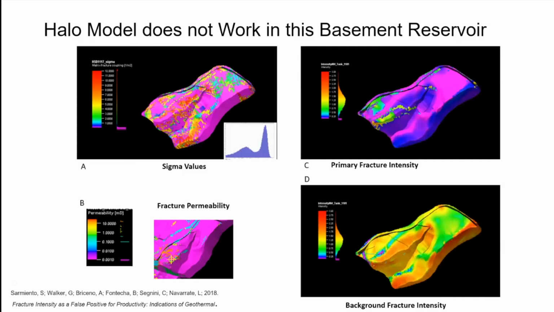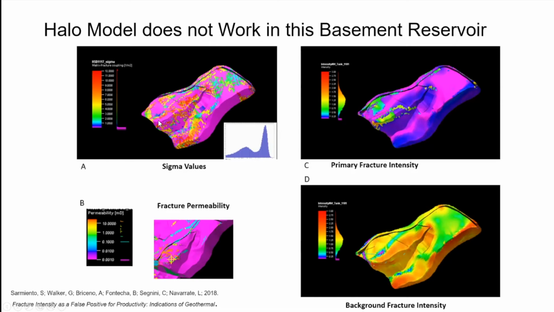The reason is, and I will show you the final result at the beginning, based on the work by Sarmiento et al. 2018, if we were to take all the fracture intensity and all those fracture apertures, there was no match when the history match was run.